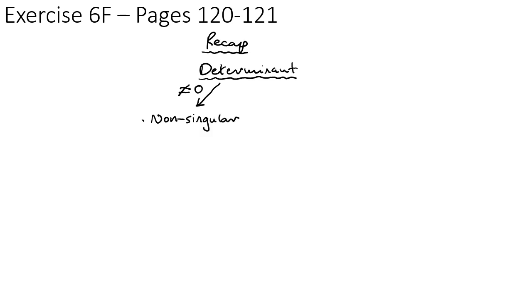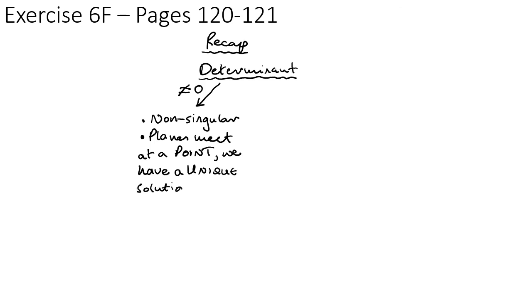And if it's non-singular, it means that the planes meet at a point, and we have a unique solution. So x equals something, y equals something, z equals something, just a single solution.